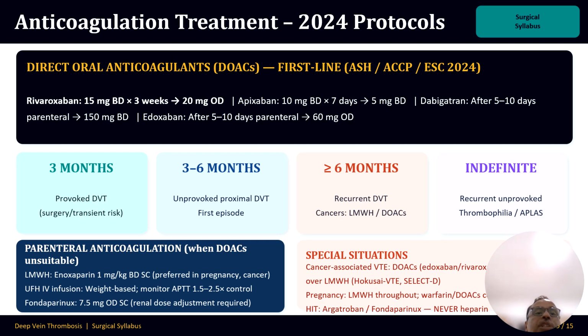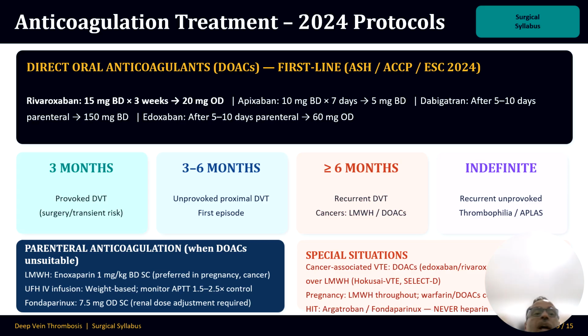Parenteral anticoagulation, where direct oral anticoagulants are unsuitable, can be used, and amongst the parenteral anticoagulants, the most common is low molecular weight heparin, enoxaparin, 1 milligram per kg body weight, given twice a day subcutaneously. It is also preferred in malignancies and in pregnancy.